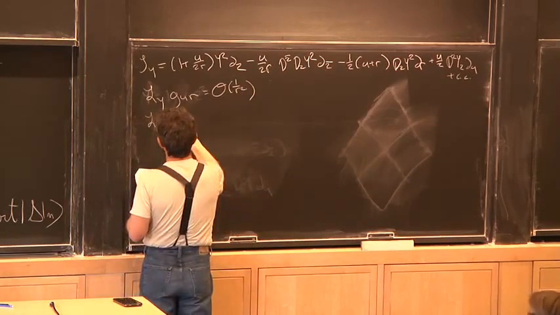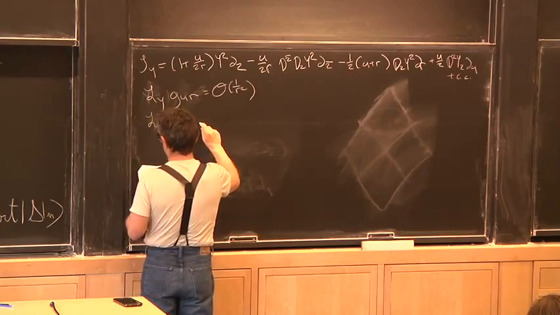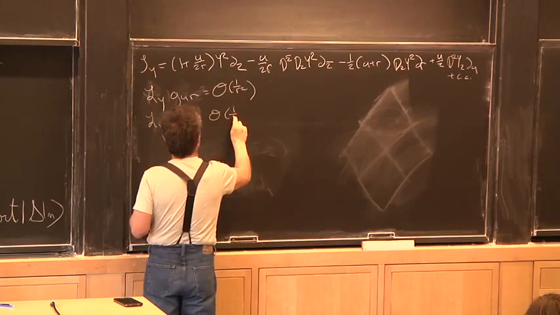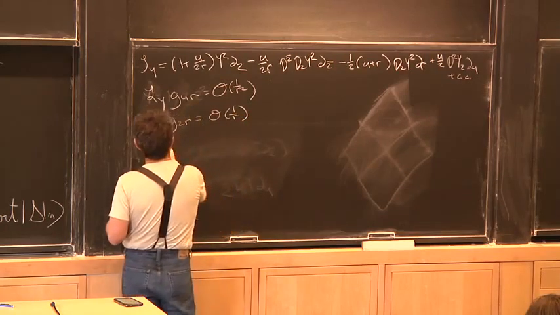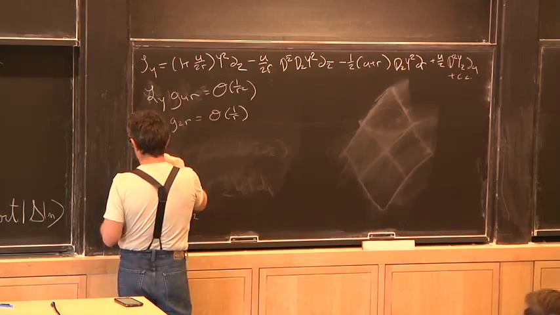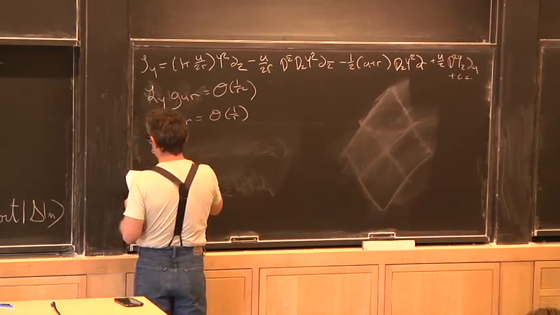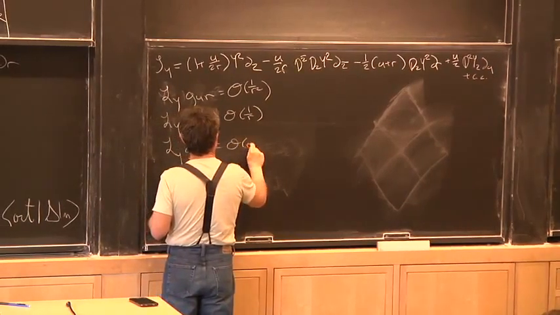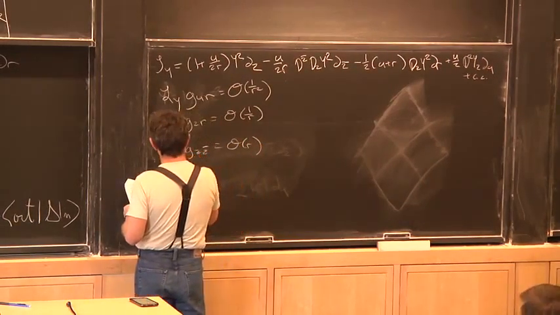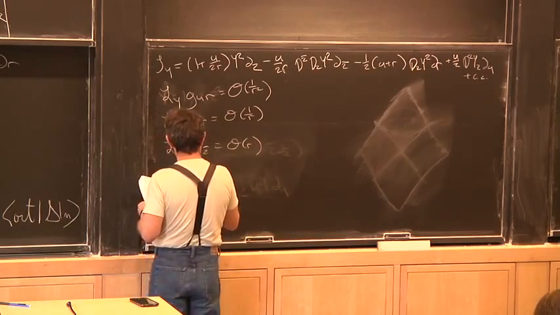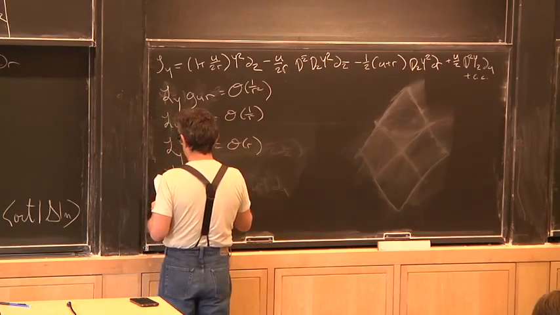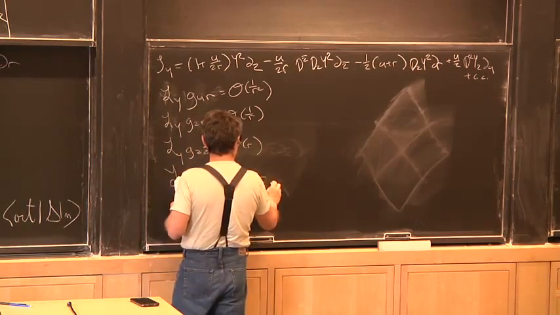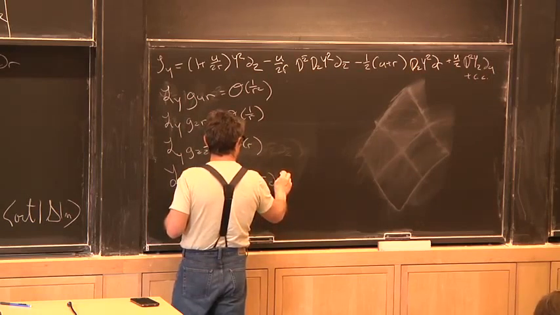The Lie derivative of y of g_zr is order 1 over r. And the Lie derivative with respect to y of g_z z bar is order r. But the important one is the Lie derivative with respect to y of g_zz, which is equal to 2r squared gamma_z z bar dz y z bar.